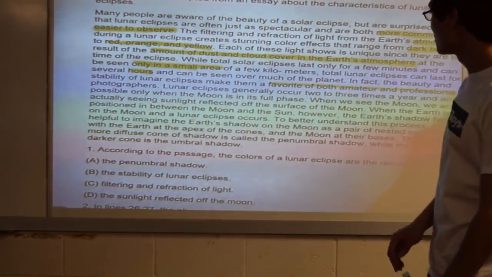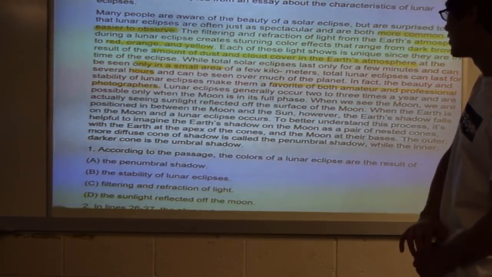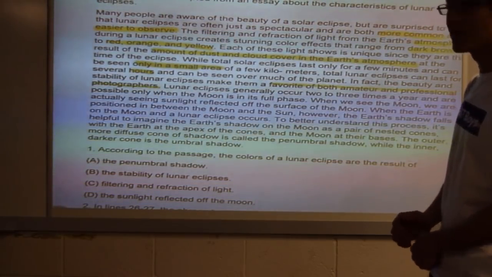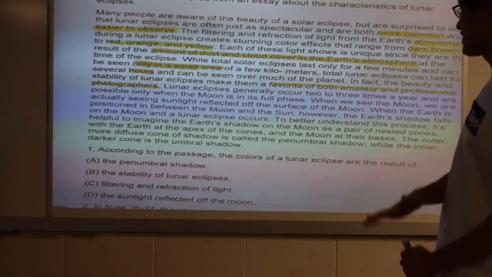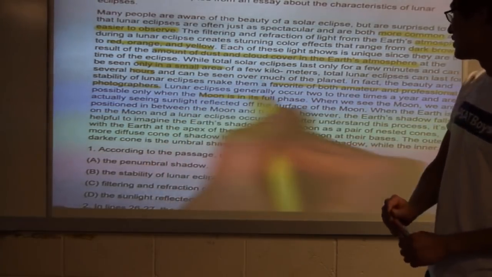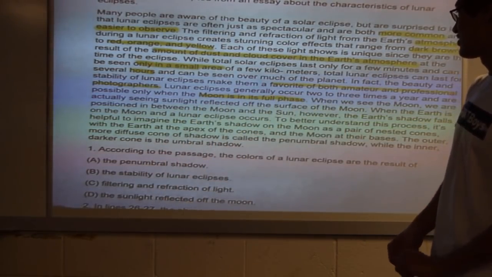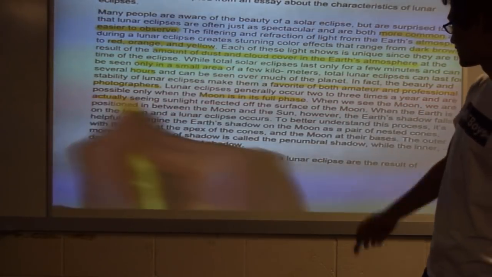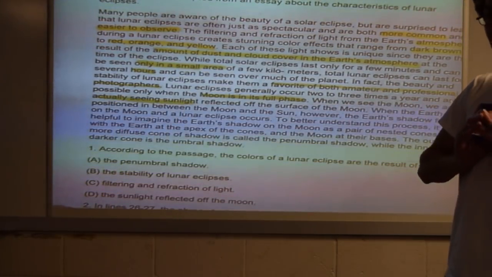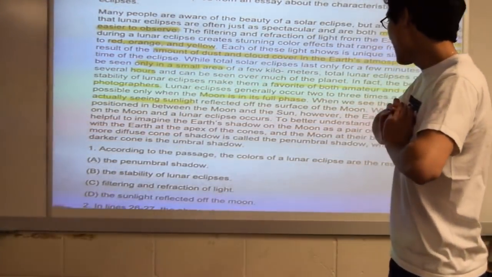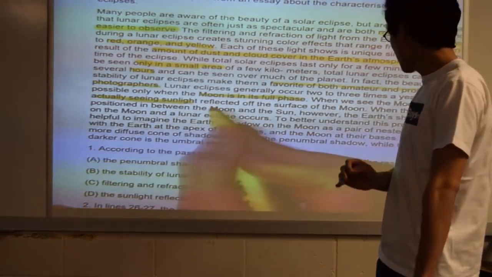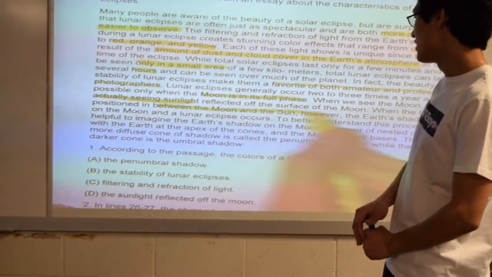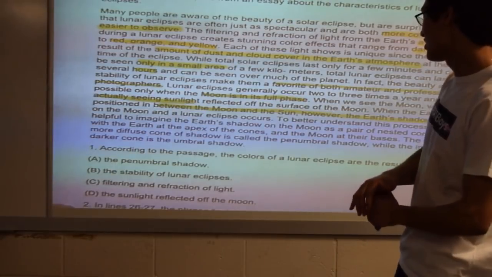Lunar eclipses generally occur 2 to 3 times a year and are possible only when the moon is in its full phase. When we see the moon, we're actually seeing the sunlight reflected off the surface of the moon. When the Earth is positioned in between the moon and the sun, however, the Earth's shadow falls on the moon and a lunar eclipse occurs.